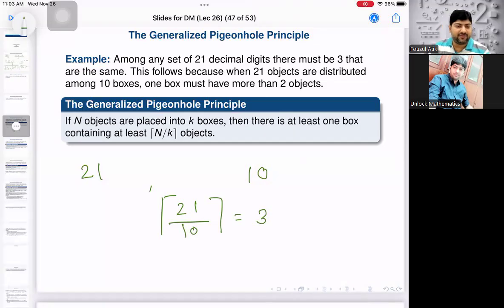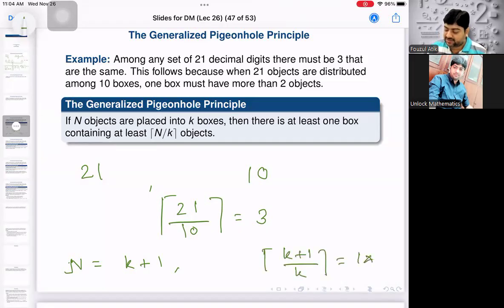Now, if your n is equal to k plus 1, then what is the question? If k plus 1 objects are placed into k boxes, then what will happen? According to this theorem, it will be k plus 1 divided by k, which will be 1 point some value. And if you take the ceiling function of it, it will be 2.